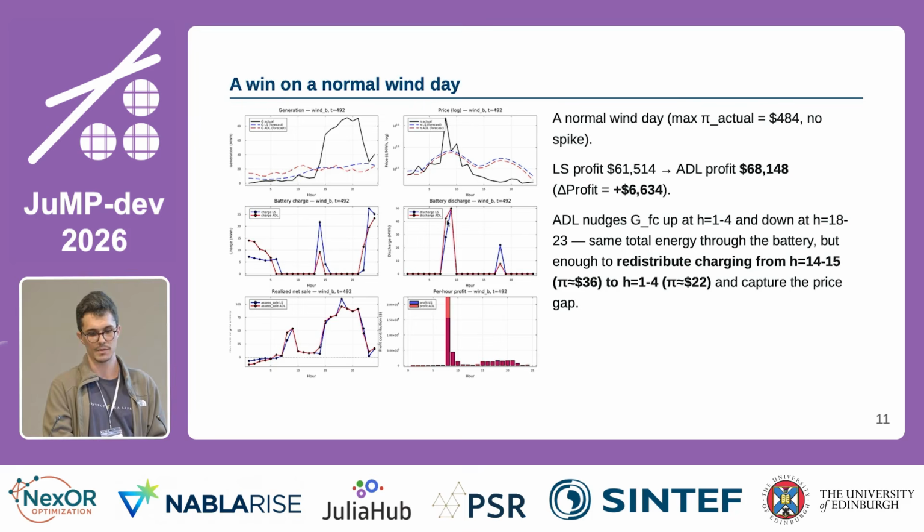And with that, it was able to discharge a bit more in the peak price hour, and with that, it generated a much higher profit. So this is the type of behavior we're trying to achieve with the package, deviating from what would be the closest possible forecast to the realized, and adding just the right bias just at the right time.